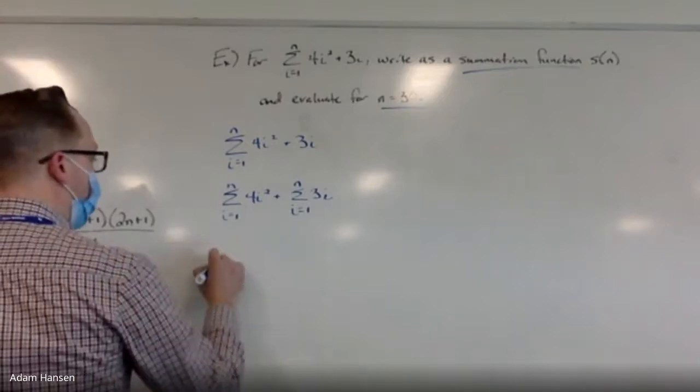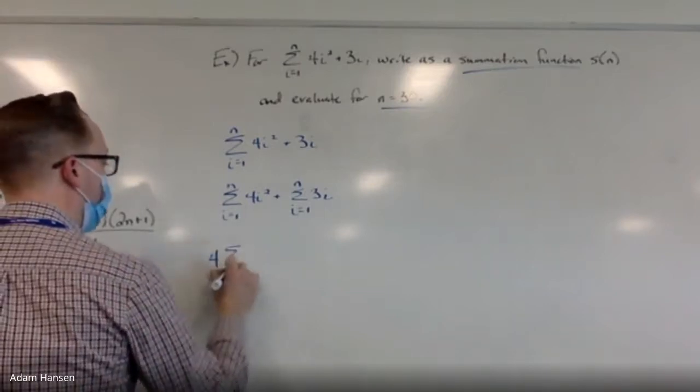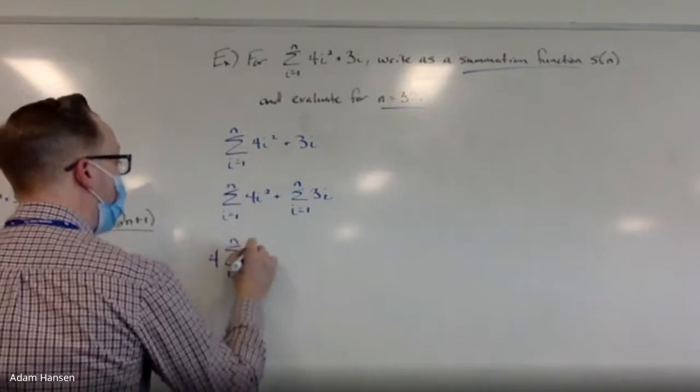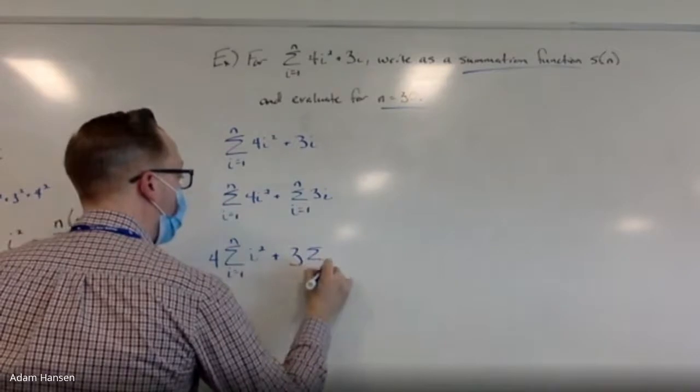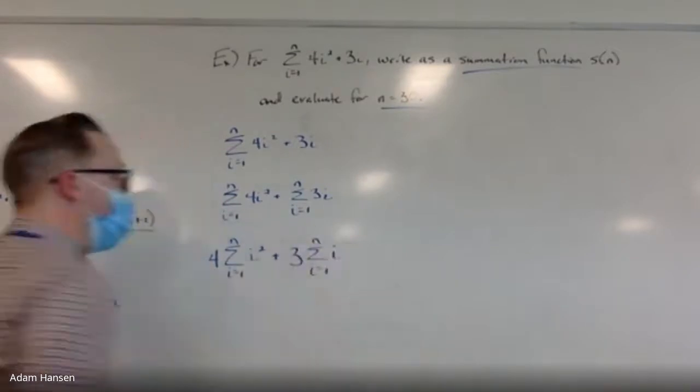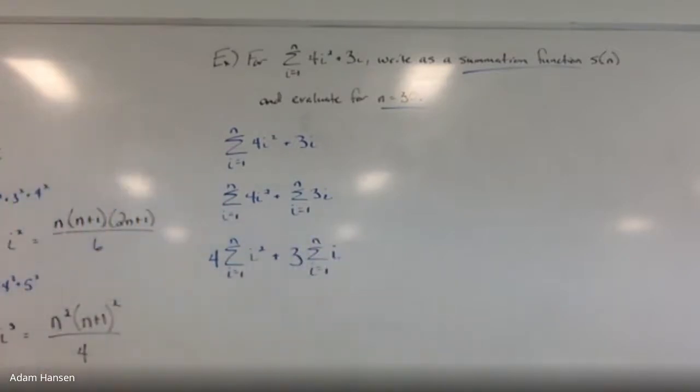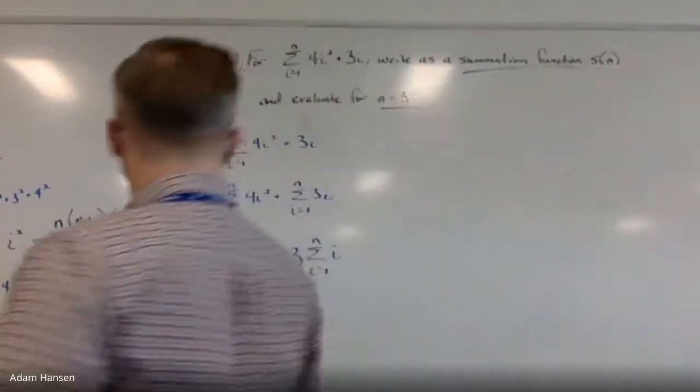So let's write this as 4 times the summation from i equals 1 to n of i squared plus 3 times the summation from i equals 1 to n of i. My whole purpose was to get to a point where I can use these summation formulas to the left.